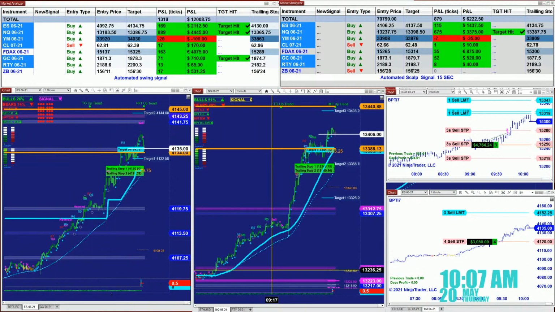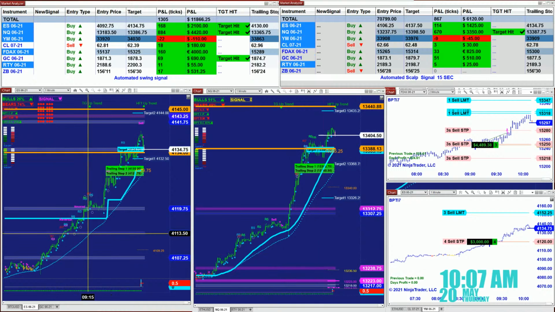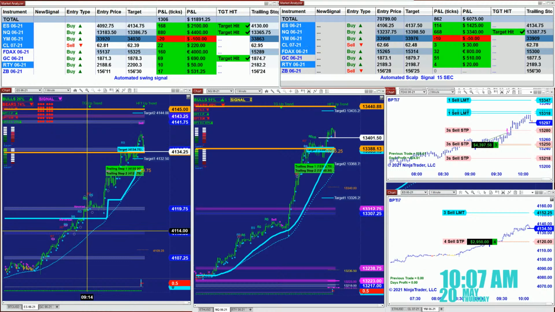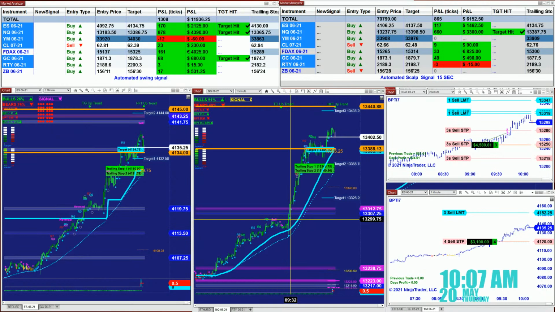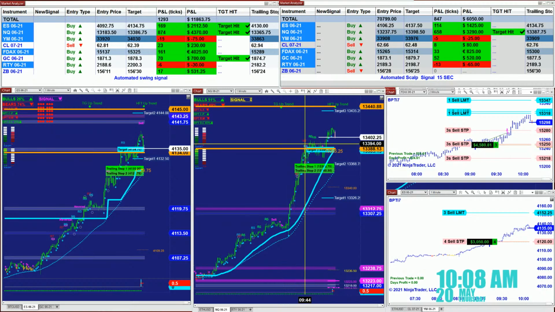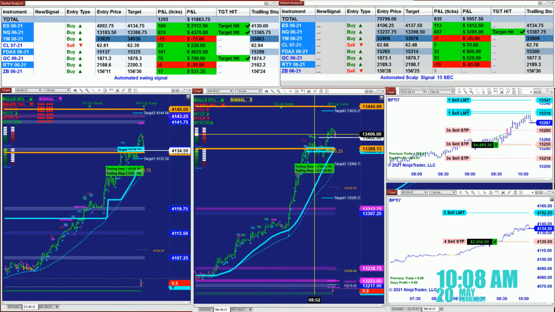And if we notice, the farther the bar is away from the moving average, the stronger the trend is.